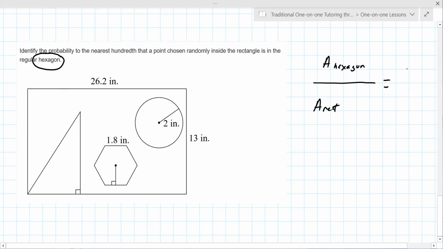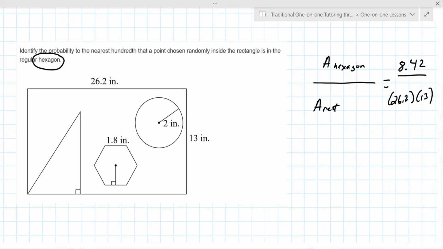So I get roughly about 8.41777. Okay, well, just give it to me to 2 decimal places. Oh, 8.42. Perfect. Okay, now we need to find the area of the rectangle. If you're going back to my screen, the area of the rectangle is 26.2 times 13.